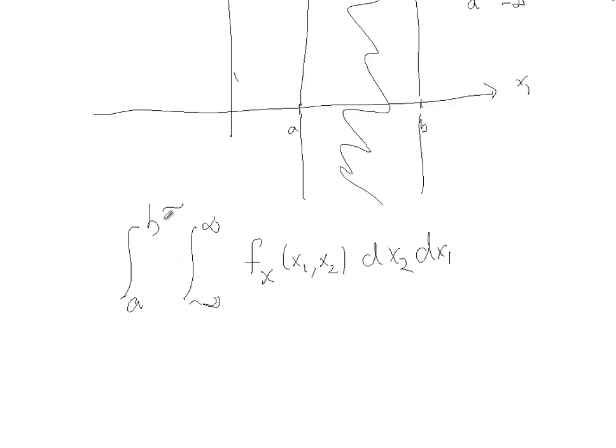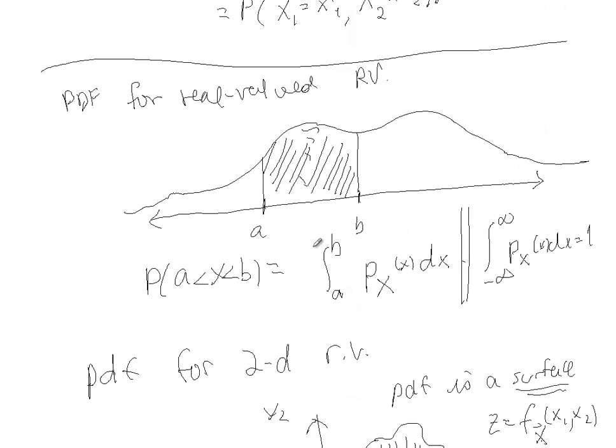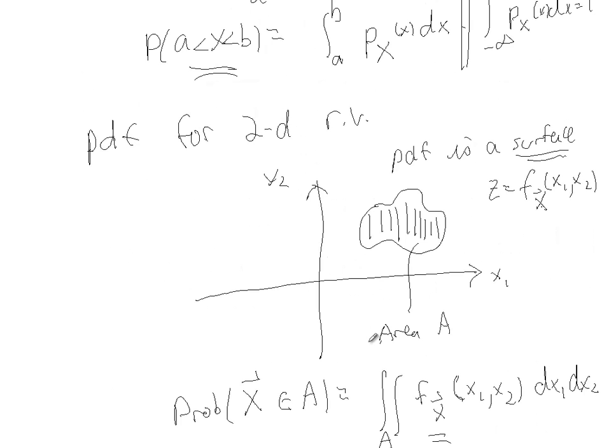Okay. Now, what are we integrating here? We're integrating from A to B this function. Now, remember, when we found probabilities in 1 dimension, how did you find them? Well, we integrated the 1-dimensional probability density function to find the probability that a random variable was between A and B. What are we doing here?